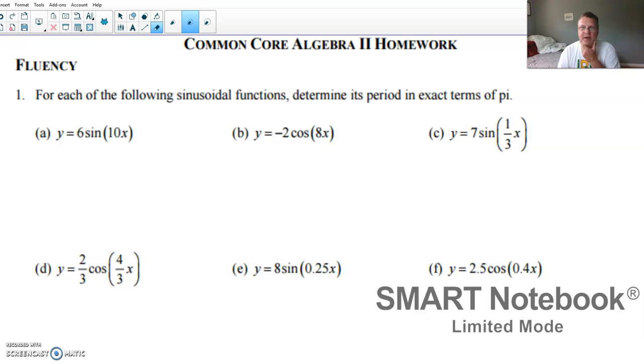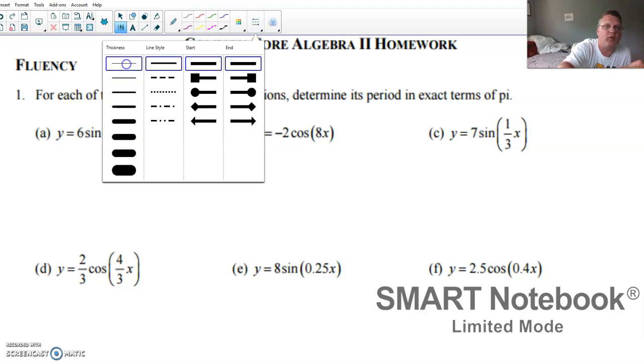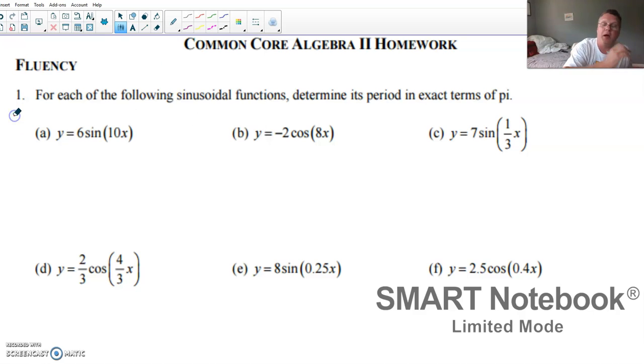So we're talking about the period of a function. We have introduced a b term to the graph. Here we go. So determine the period. Period is 2 pi over b.